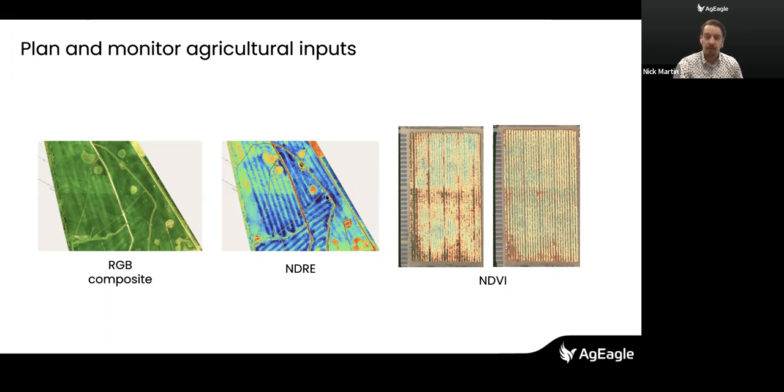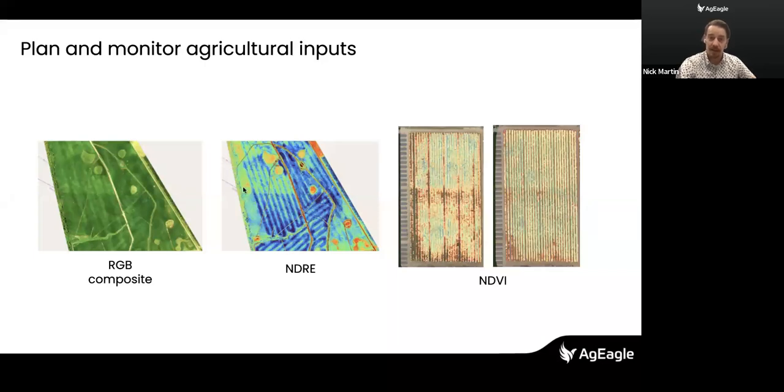And this is important information for you as a grower. This could be evidence of poor or uneven application of fertilizer, and this can affect yield in the long term. And also, you're paying someone to fertilize a field, and they're probably not fertilizing the entire field.